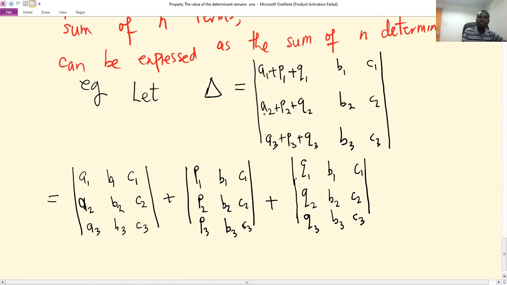So this results in this sum of three determinants.